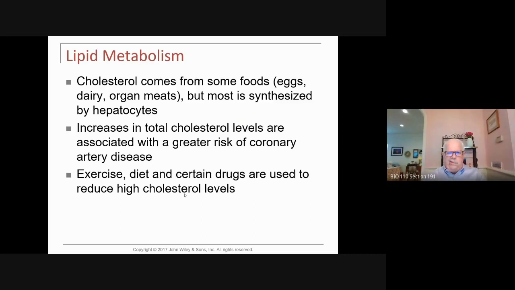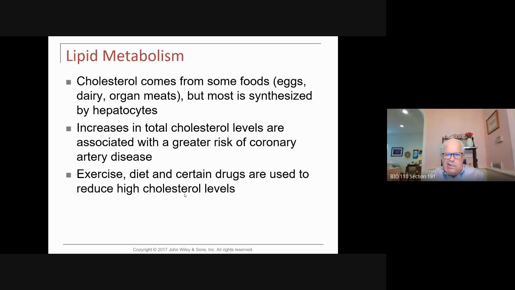Where do you get cholesterol from? Food. Eggs, dairy, organ meats, and most of your cholesterol is synthesized by your liver cells. And it's always bad. Increases in total cholesterol are associated with coronary artery disease. You kind of learned that in the cardiac lectures.